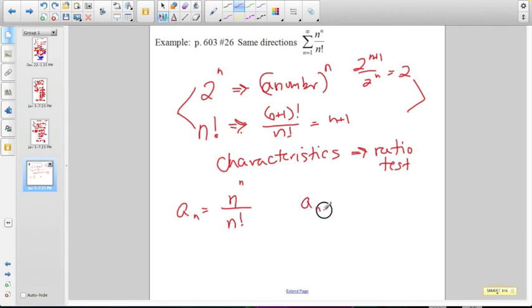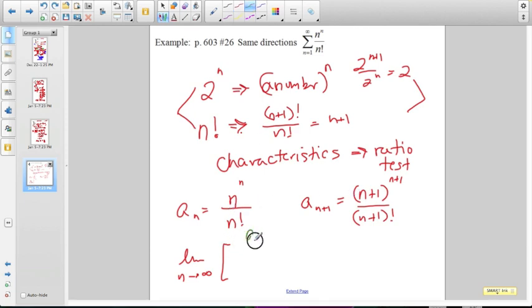The a sub n plus 1 term looks like n plus 1 to the n plus 1 power over n plus 1 factorial. I said that wrong. So if we take the limit as n goes to infinity, we're looking at this times the reciprocal of that.